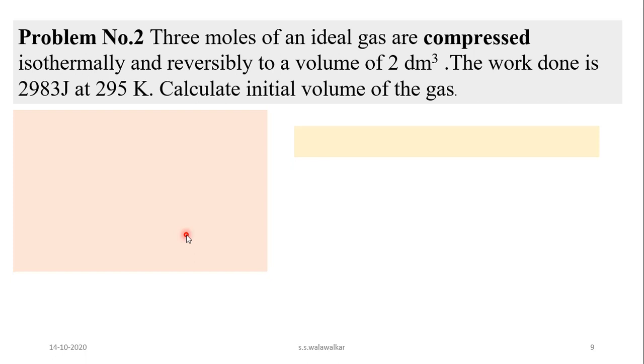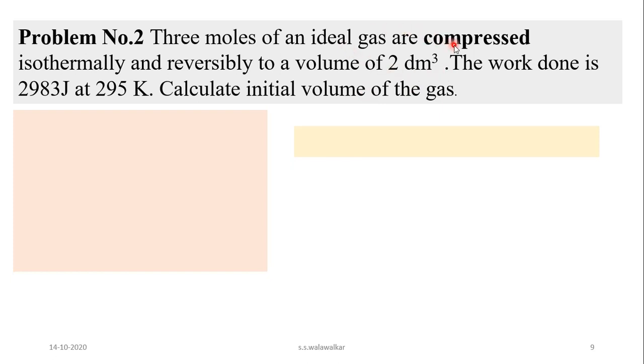Now we will see the second problem. 3 moles of an ideal gas are compressed isothermally and reversibly to a volume of 2 dm cube. The work done is 2983 joules at 295 Kelvin. Calculate the initial volume of the gas.